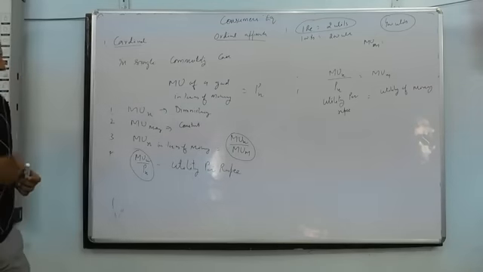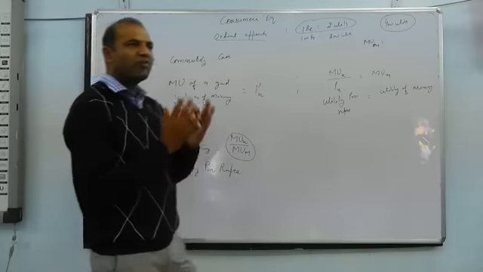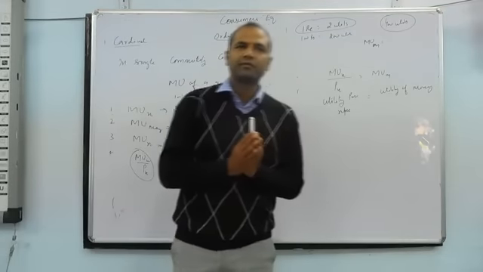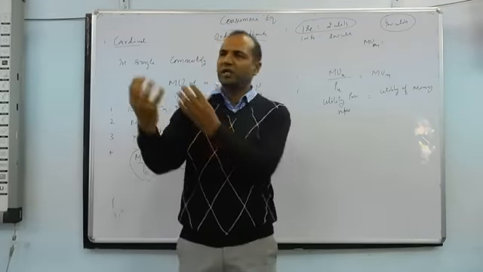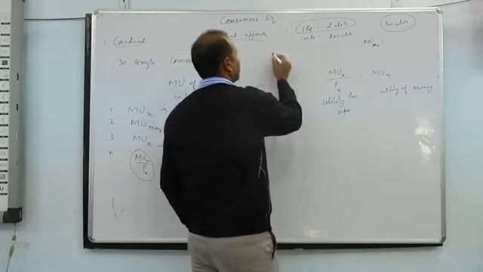Utility per rupee का मतलब है कि when you are spending some money and you are getting some satisfaction. For example, if you have spent 10 rupees in the market and you have obtained satisfaction equal to 200 utils, then what is your utility per rupee? That is 20 utils.